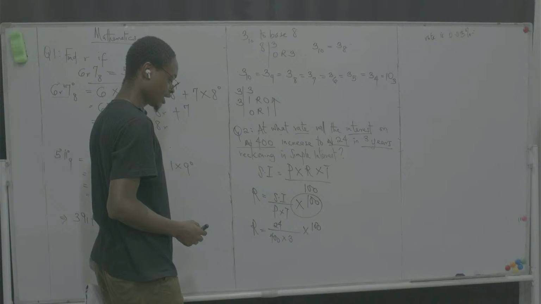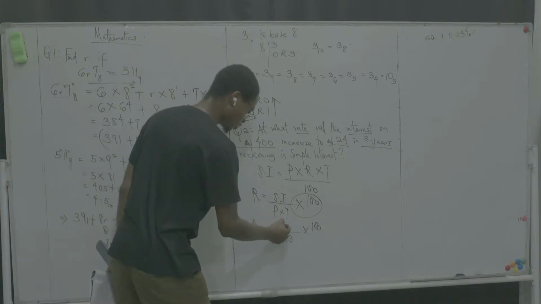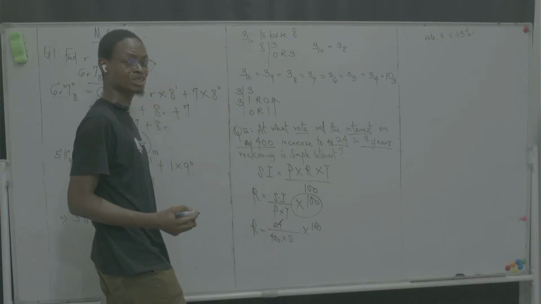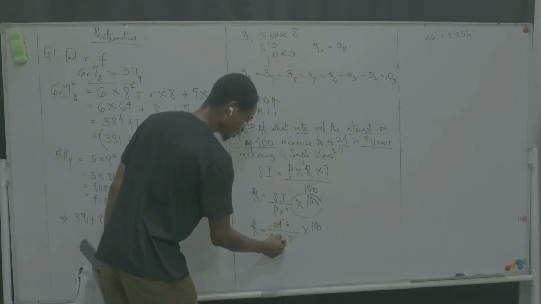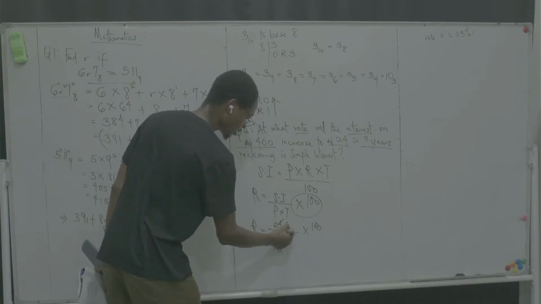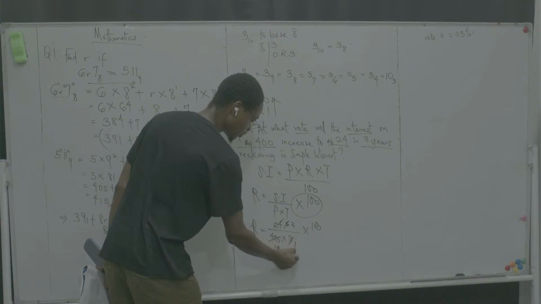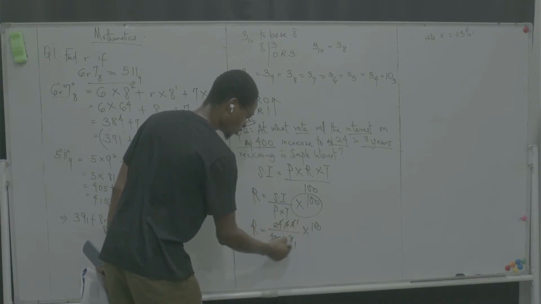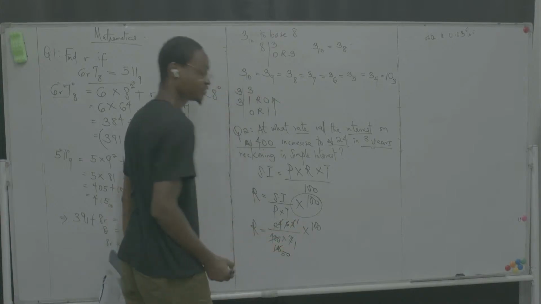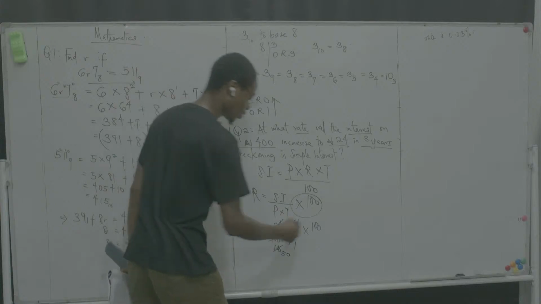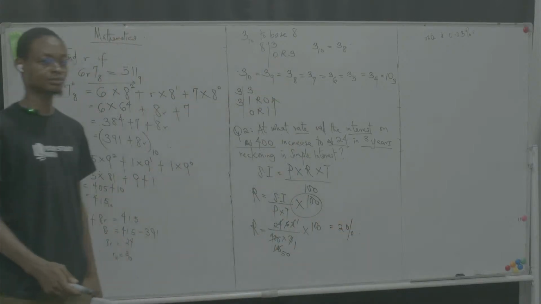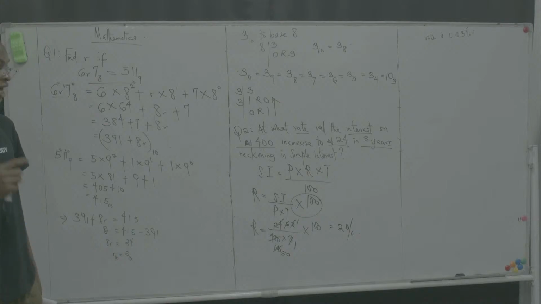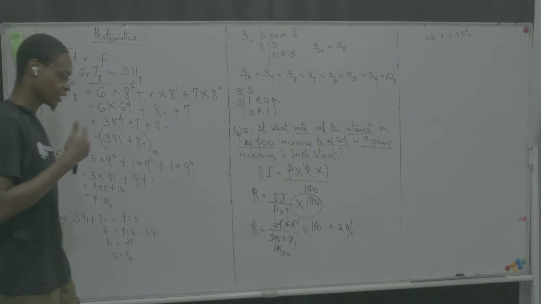From here, if we do some simple cancelling, because we want to limit the use of a calculator, we divide by 4: here we have 6, here 100, here 2, here 1, here 1, here 50. What does that mean? It means the rate is 2%, in lowest terms, without even using a calculator.